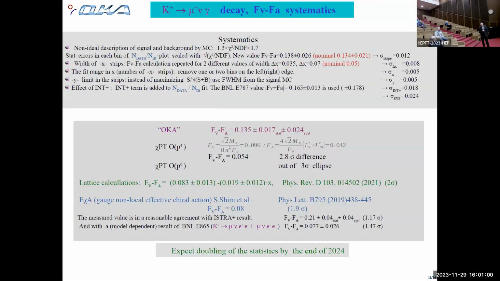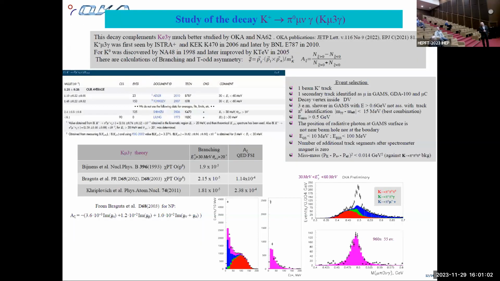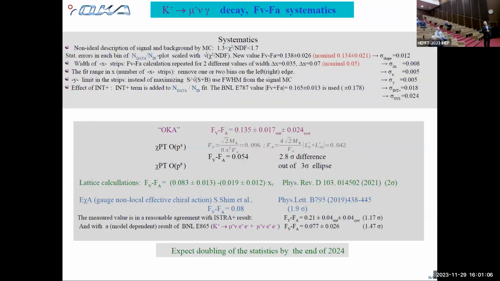But fortunately, there are other calculations. For example, there are lattice calculations. It's a rather recent paper, and they predict a smaller difference of vector and axial vector constants.